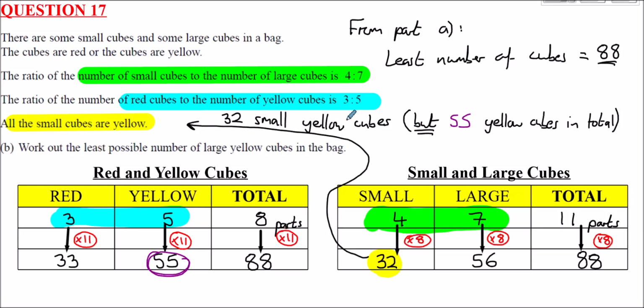So therefore, we take the 55 total cubes which are yellow, we subtract away the number of those which are the small ones, and what's left, which is 23, must be the number of large yellow cubes. And that's our final answer for question 17. There must be, as a bare minimum, 23 large yellow cubes.